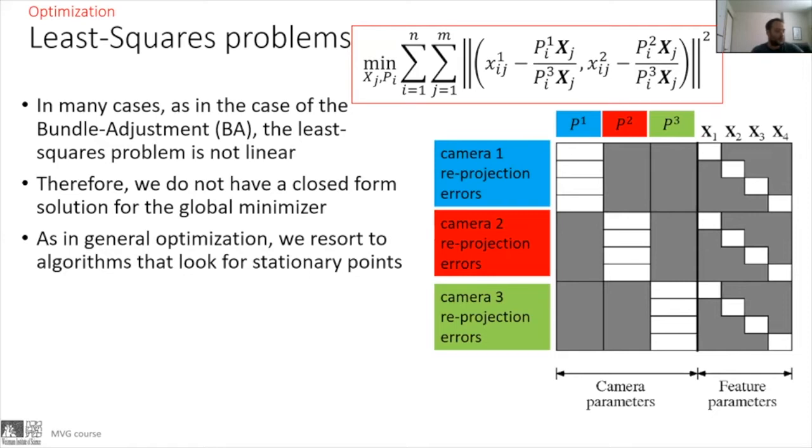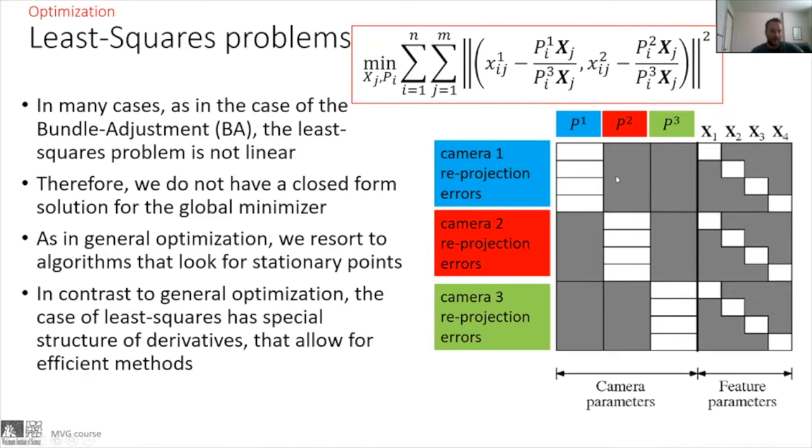We can hope only for a local minima, but given that we have a good initialization, we can hope that this will be enough. In contrast to a general optimization problem, the least square problem has a very special structure that we will discuss in a few slides, and this structure can be used in order to solve it efficiently.